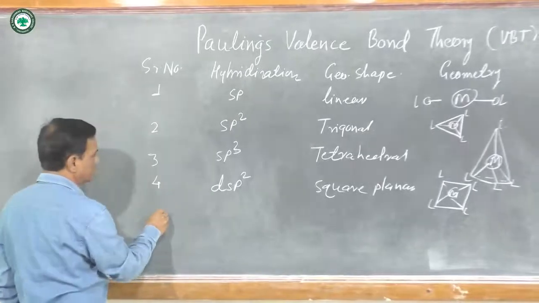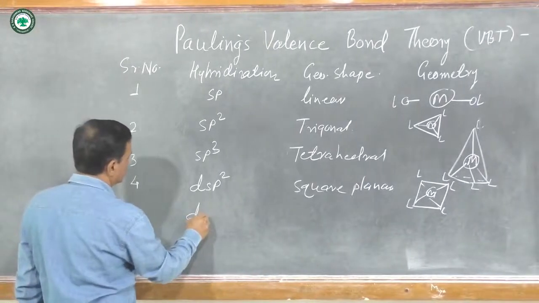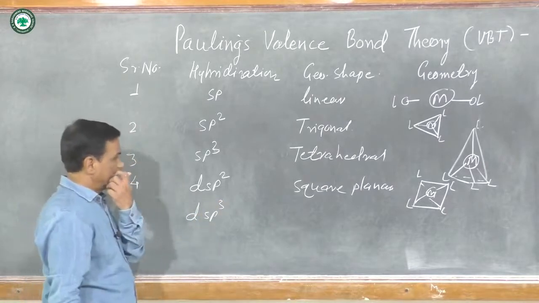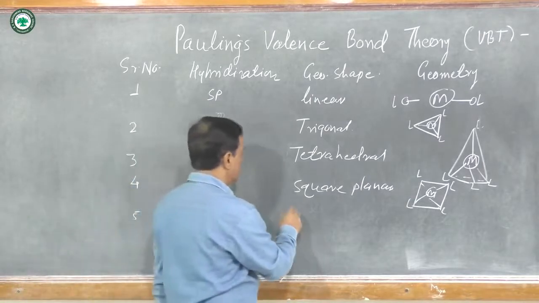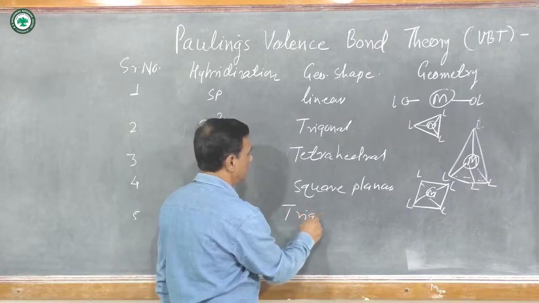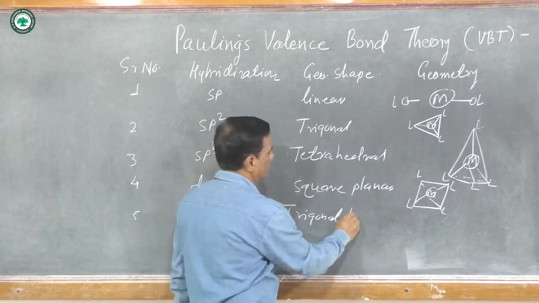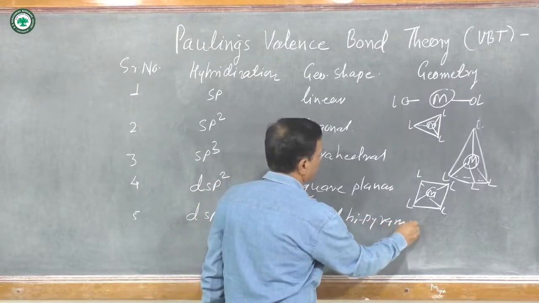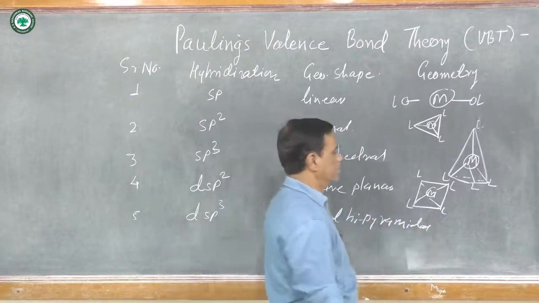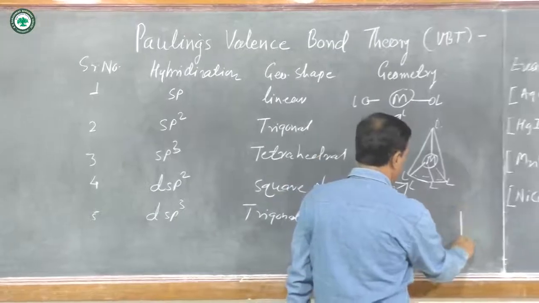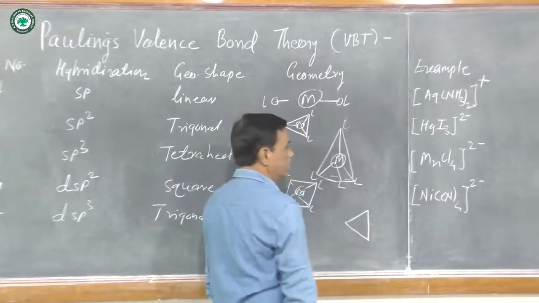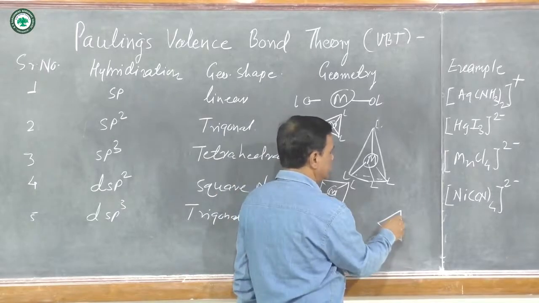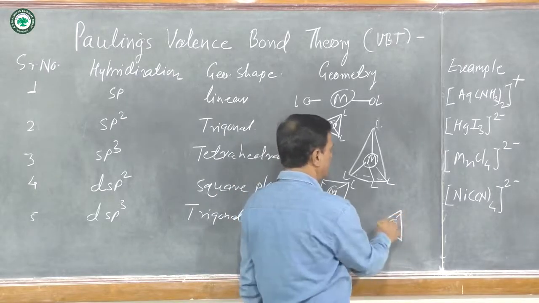Then the fifth example is dsp3 hybridization. It is known as trigonal bipyramidal hybridization. In trigonal bipyramidal hybridization, there is a regular triangle. At the center position there is a metal.